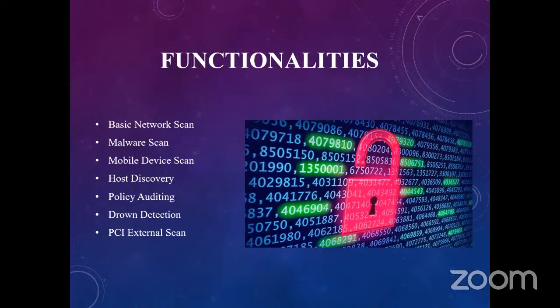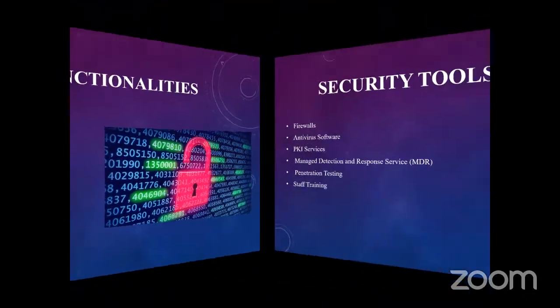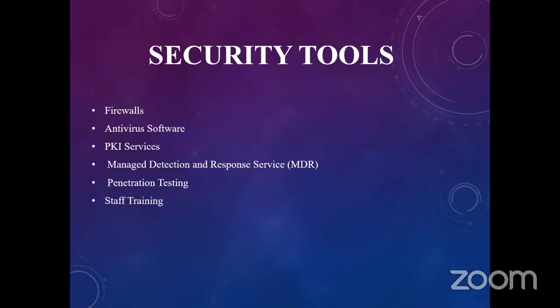So this is the basic network scan, whereas the malware scan is a process of understanding the behavior and purpose of suspicious files, which are not useful to the company, clients or different persons. So this is the malware. And the drone detection is used in the air forces to capture cameras and so on. These are used in drones, aeroplanes and similar things.